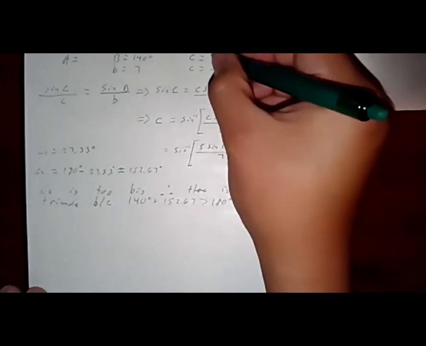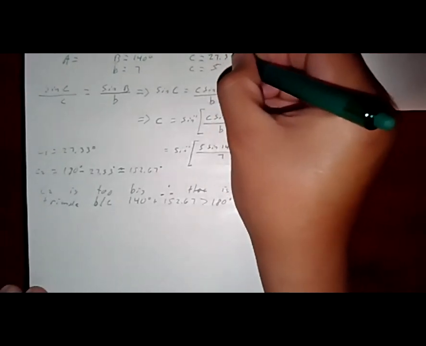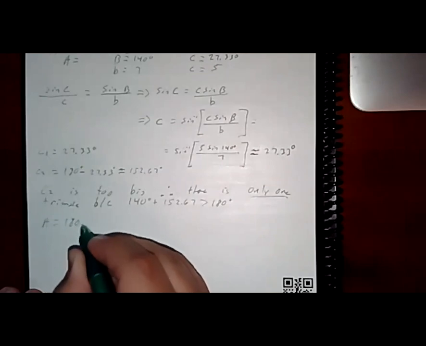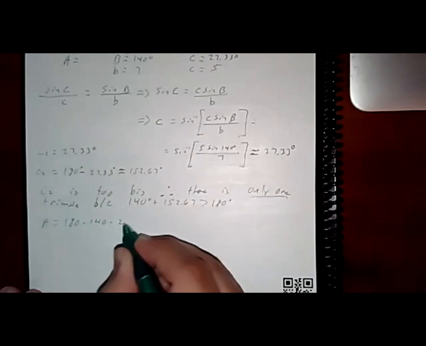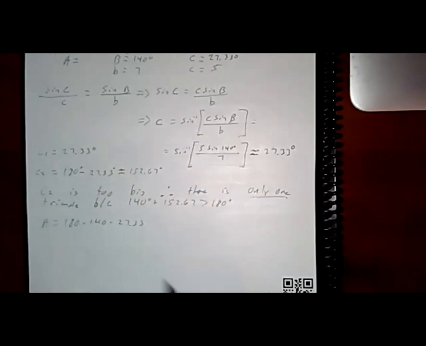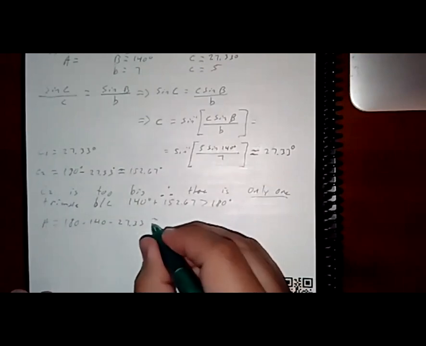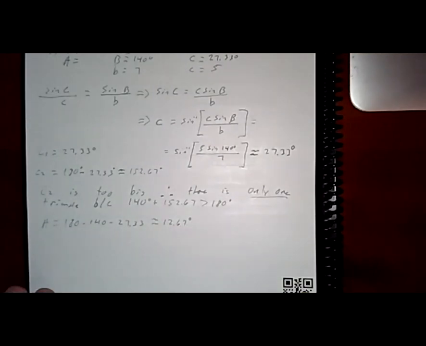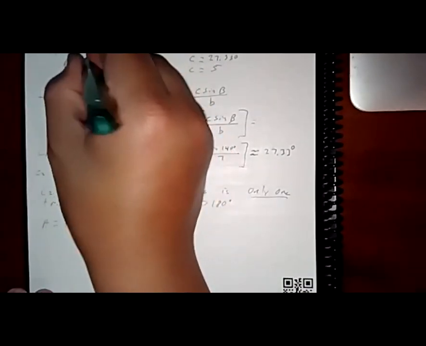So we know the first C is 27.33, which means that A has to be 180 minus 140 minus 27.33. We have the other angle now.